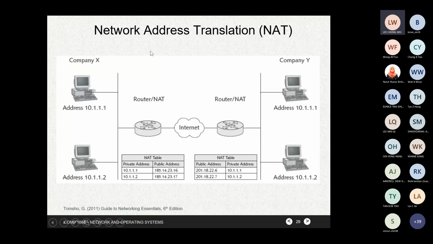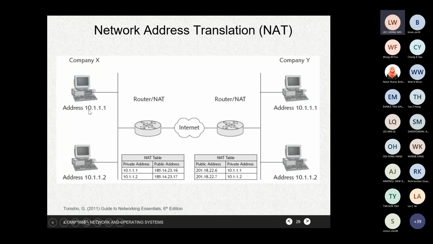All right. For example, you have company X that needs to communicate with company Y. So it has to go through a number of routings. This is company X's IP addresses.